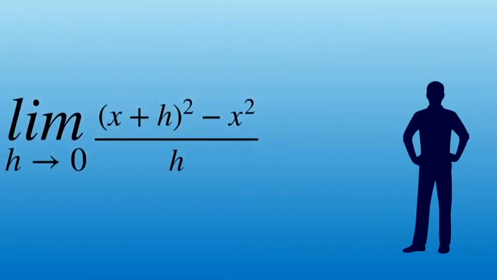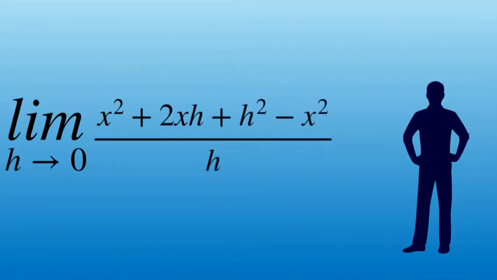We can use our definition like a formula. I meant it the other way. So here we have the limit as h approaches 0 of x plus h the whole square minus x squared over h. And obviously you can see where this is going.